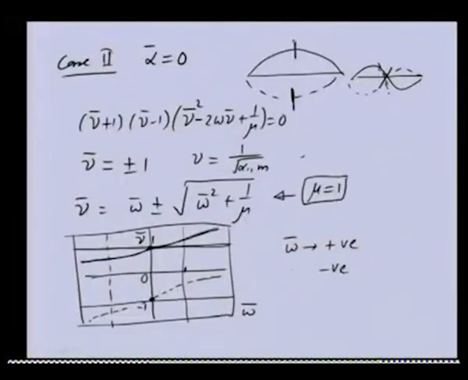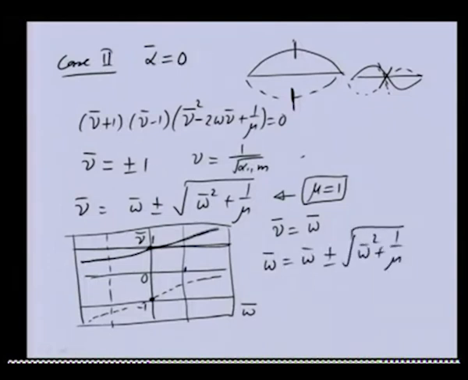If you want the critical speed, the critical speed condition is that the whirl frequency should be equal to the spin speed. So if we substitute nu bar equal to omega bar in this expression and solve for omega, we will get omega bar is equal to plus minus the square root of omega bar square plus 1 by mu.